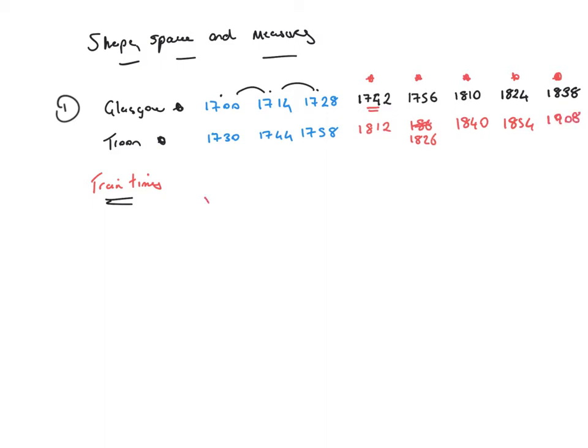Okay, next question is, Anna decides to catch the 16:18 train from Glasgow. When does it arrive in Troon?